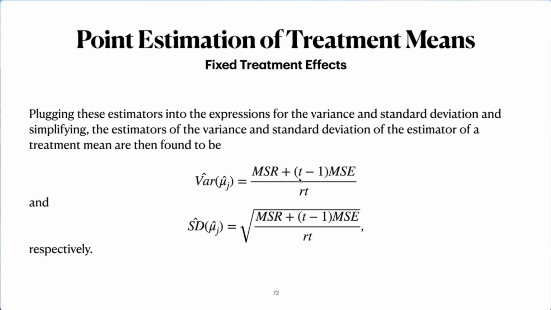Again, t is the number of treatments, so t minus 1 is one less than the number of treatments, and we can also think of this as the number of degrees of freedom associated with treatments. The denominator is the total number of observations, r times t, the number of blocks times the number of treatments per block. And then we can take its square root to get the estimated standard deviation of mu hat sub j. All right, and so that's given here.